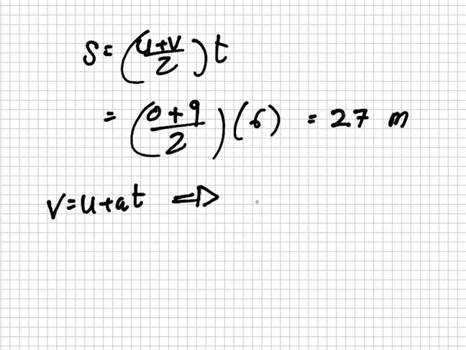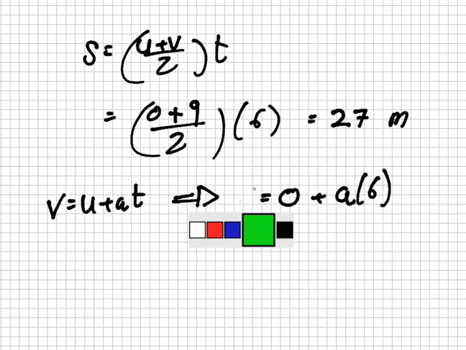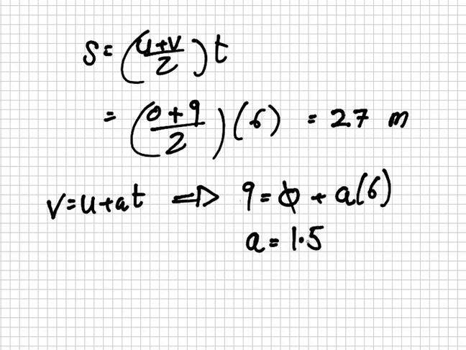V equals 0 plus A times 6. Oh, sorry, this is a 9 here, isn't it? Yeah. Thank you. 9. So then A equals 9 over 6, 3 over 2, 1.5 meters per second squared.